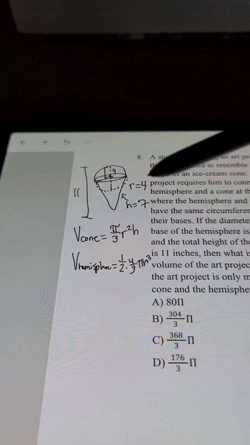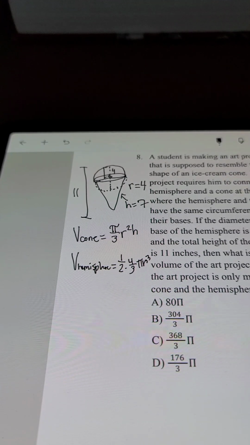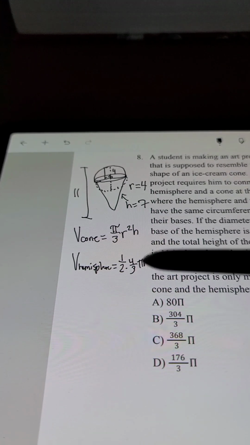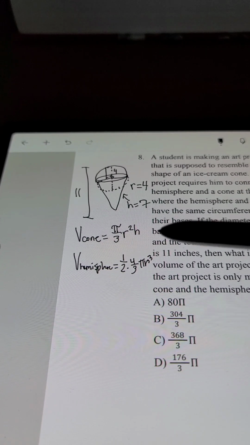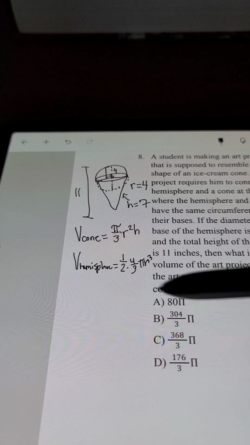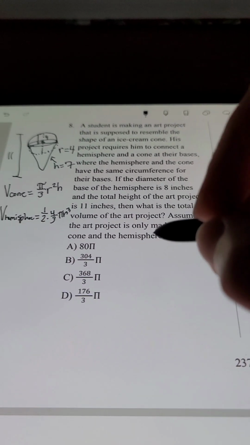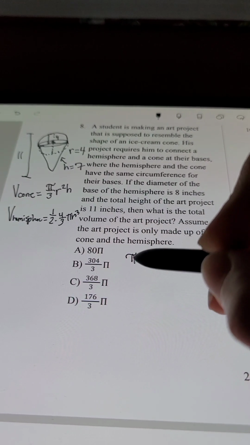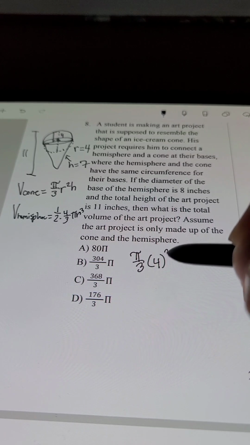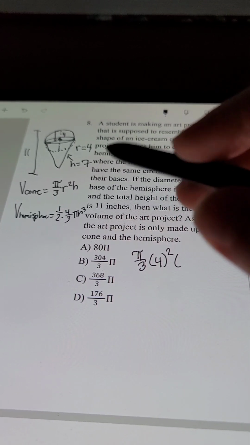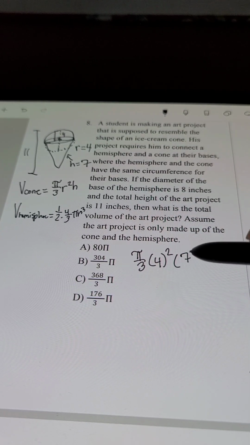So now we have what we can plug into this for radius and height. And this one has the same radius. So all we're going to do is plug in and add these up. So let's do that. I have pi over 3 times 4 squared, because 4 is the radius, times 7 for the height.